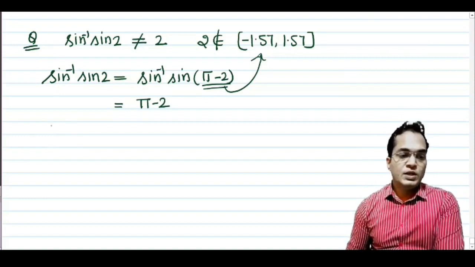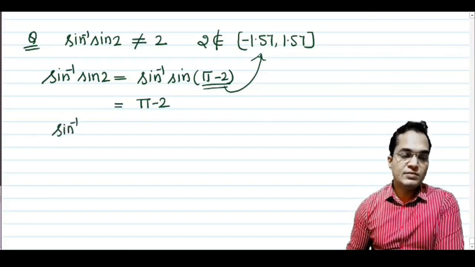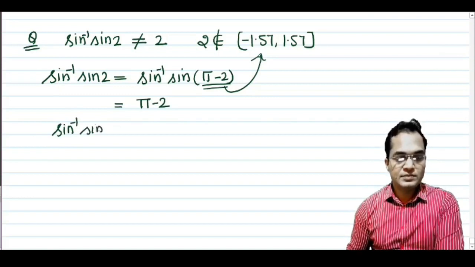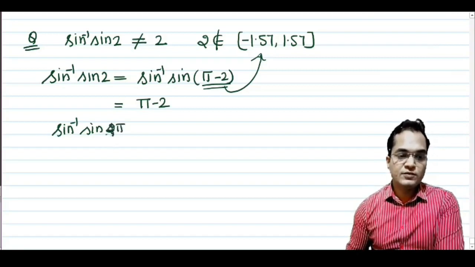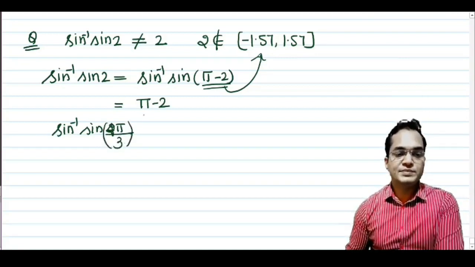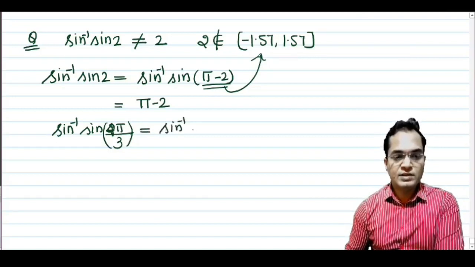Okay. Now let's take another example. Sine inverse sine of 2 pi by 3. It is okay, 2 pi by 3 is done. Now take 4 pi by 3. Then how can we write it? We can write sine inverse sine, again using 180 minus theta, and check it.